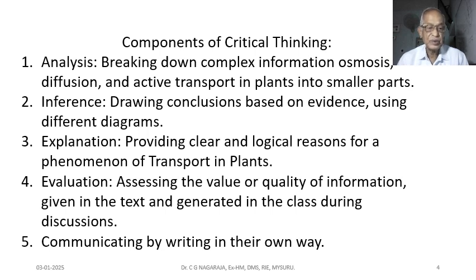We can use about 5 to 10 diagrams to show osmosis, diffusion, and active transport. With the help of those diagrams, children can understand, then come to some conclusion, or we can say inference, about the process of transport in plants using the diagrams.